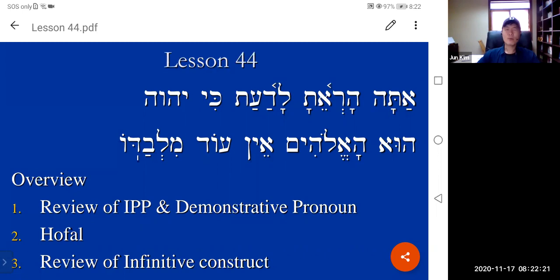What is most important in Hebrew 1 and 2 is the diagnostic indicators of those different stems and forms, and even dealing with different types of verbs, weak verbs. So we need to be familiar with all those indicators, right?